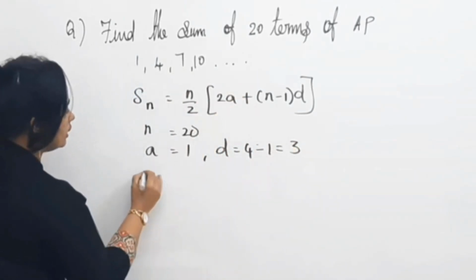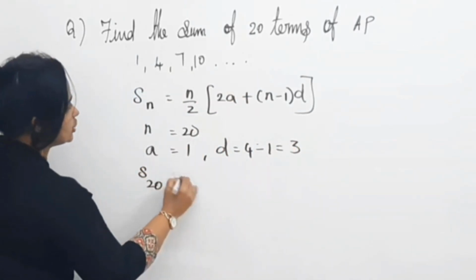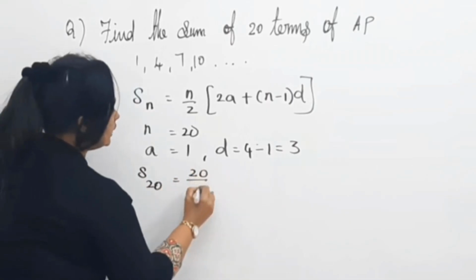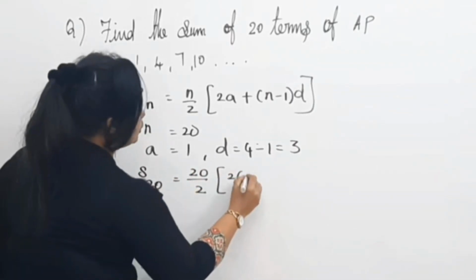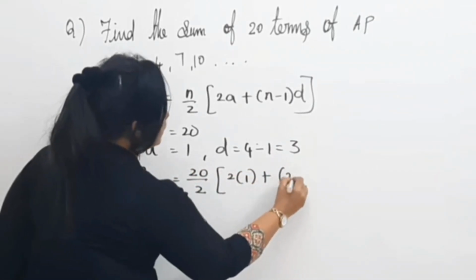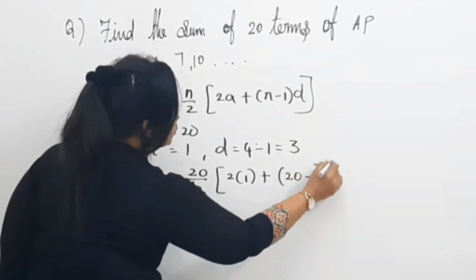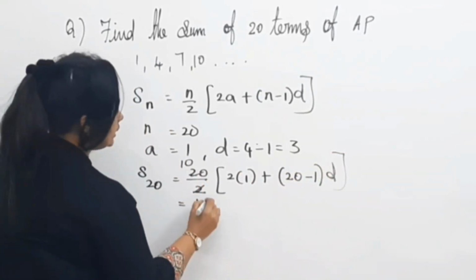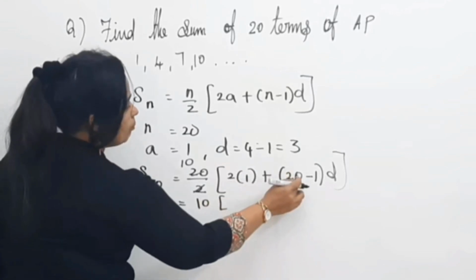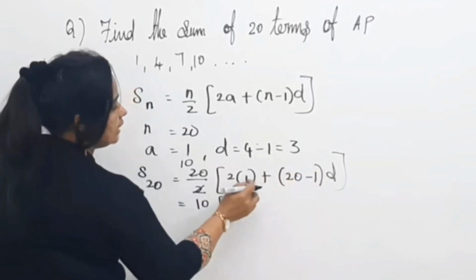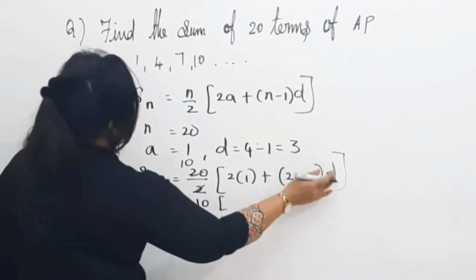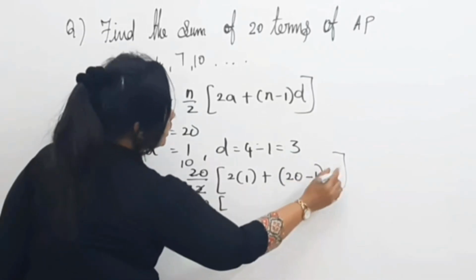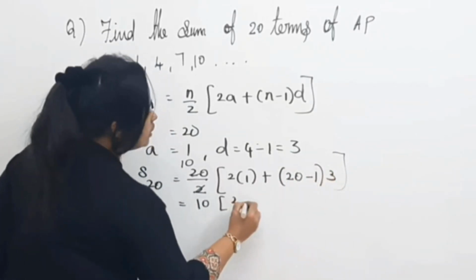So everything is given. I write S20 is equal to 20 by 2 into 2 into 1 plus 20 minus 1 into d. This gets cancelled, so I have 10 into 2 plus 19d, where d is given as 3.